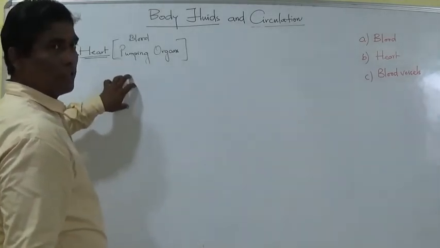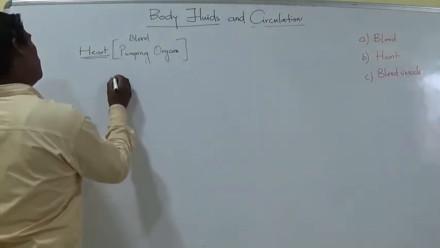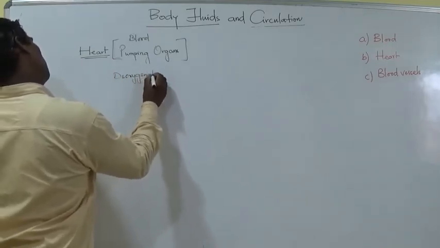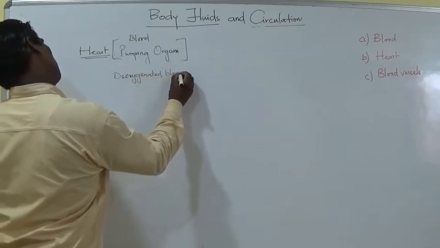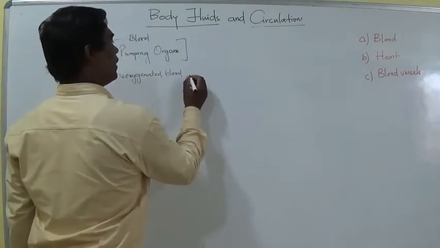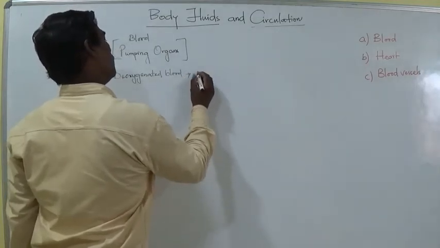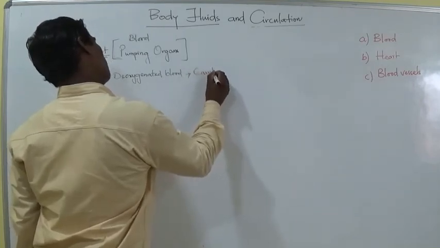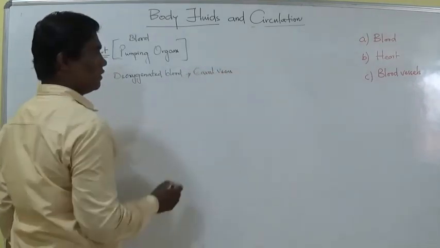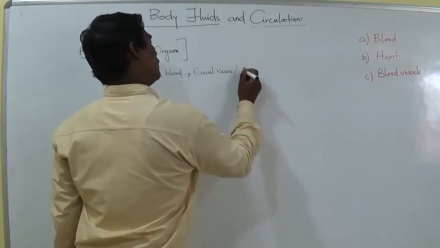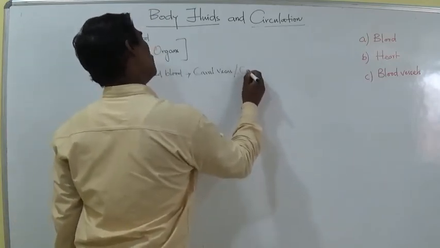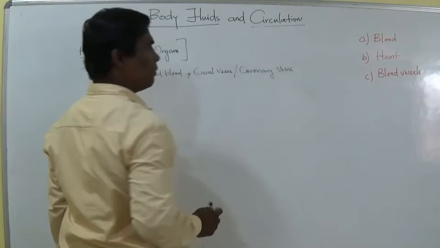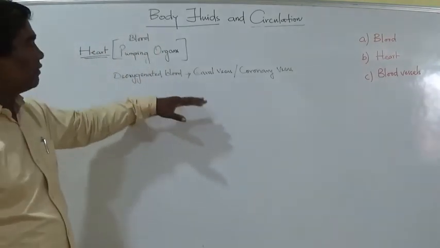So during the circulation, we can see that the impure blood or deoxygenated blood, with the help of caval veins and coronary veins, pours into the right atrium.